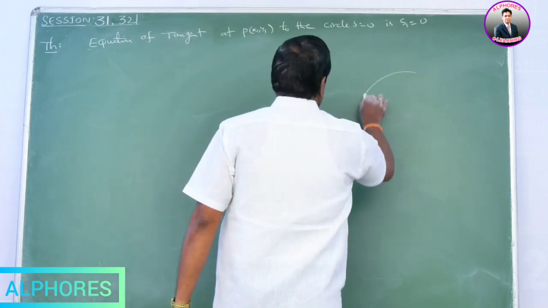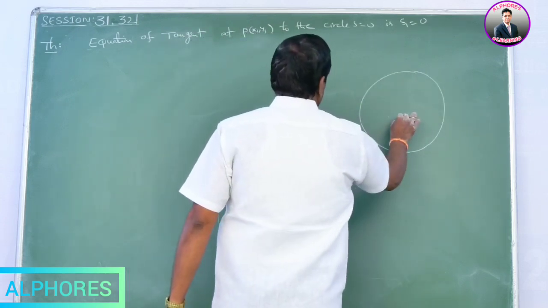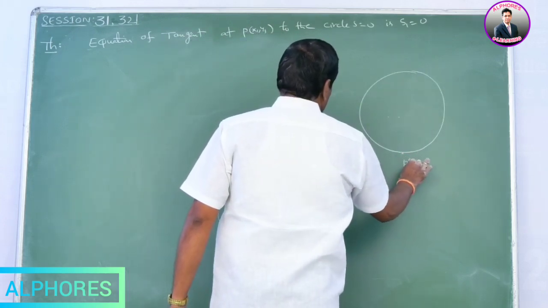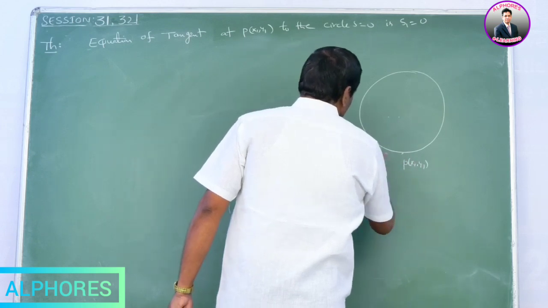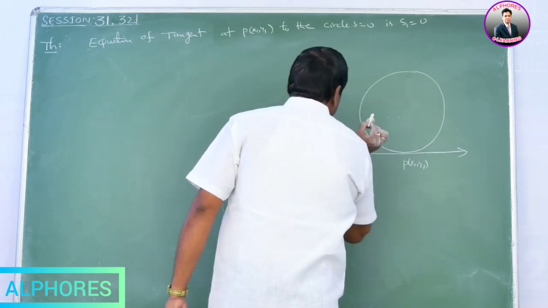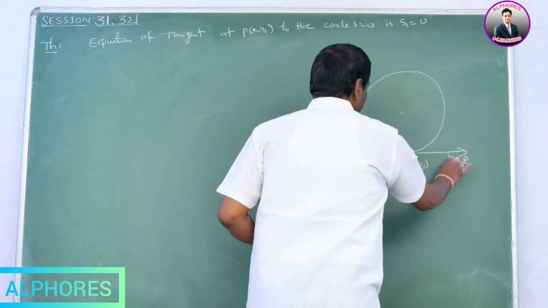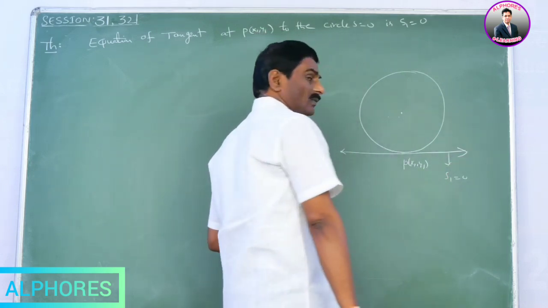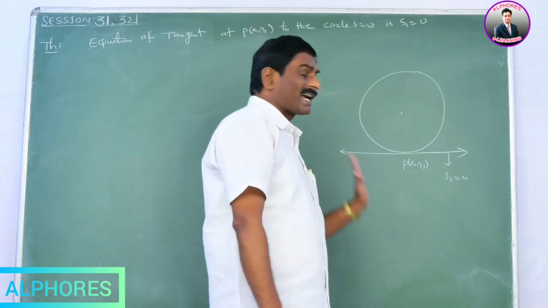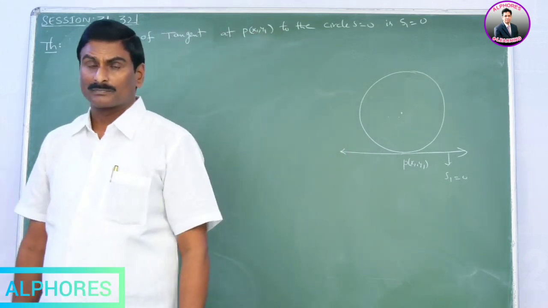Suppose S equal to 0 is one of the circles, P(x1, y1) is any point on the circle, then the line through P that touches the circle is said to be a tangent. The equation of this tangent is S1 equal to 0. We can prove that the equation of this tangent is S1 equal to 0.